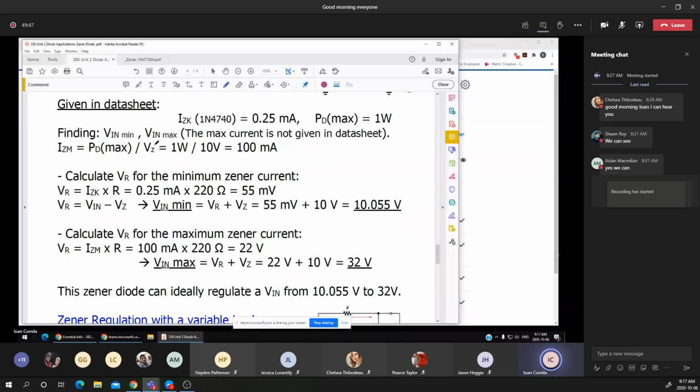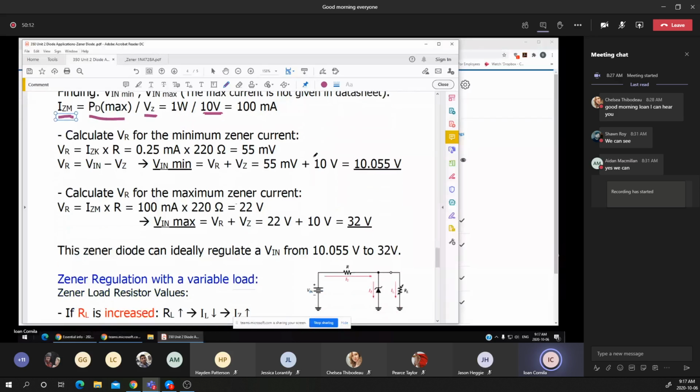In order to find those two limits, we have to determine the maximum current. You notice that the maximum current is not provided directly. Knowing the PD max and the VZ as 10 volts, we can determine the maximum current, knowing the maximum power dissipation, which is 100 milliamps.